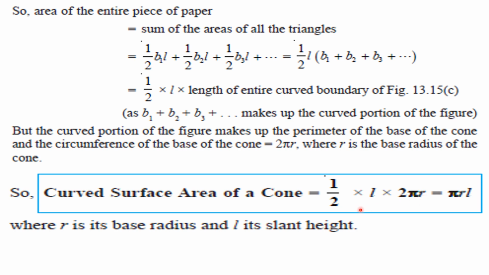By simplifying, the 2 gets cancelled. Then after simplification we get pi r l. Please remember this formula, my dear children, to find the curved surface area of a cone: pi r l, where r is the radius of the base and l is its slant height. Understood this point, my dear children?